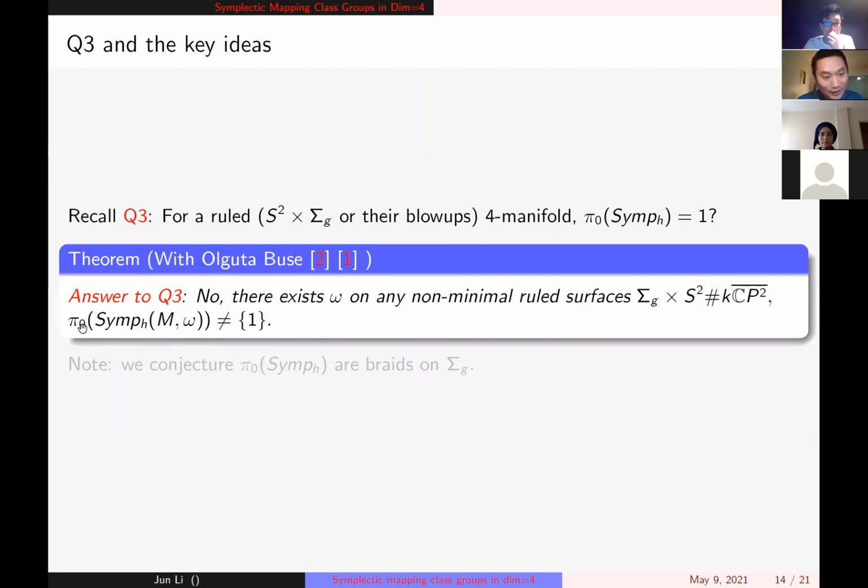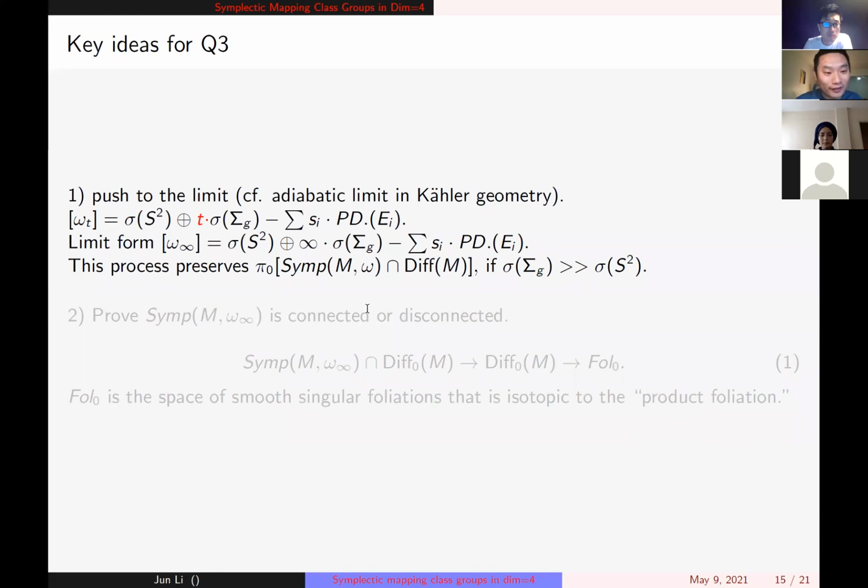Unfortunately, we don't have an explicit computation for the full mapping class group, but we conjecture the mapping class groups are braid groups. Maybe this is too vague a statement. Let me talk about some ideas and give some insight into the picture.